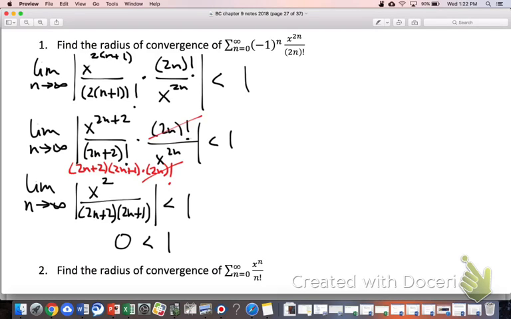There is. So here, what this is basically saying is this. It doesn't matter what x is. This will always be true. It doesn't matter what x is. So if x doesn't matter at all, x could be any number you could possibly dream up. What's the radius of convergence? Infinity.